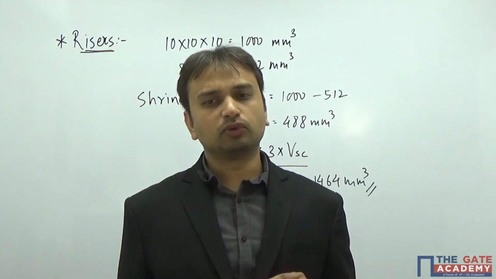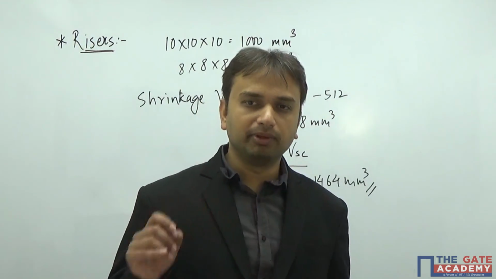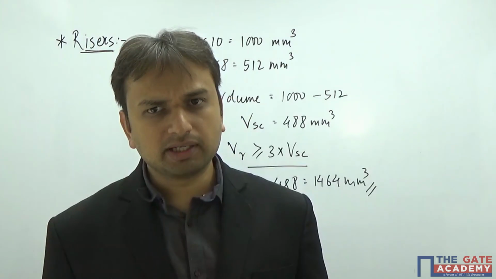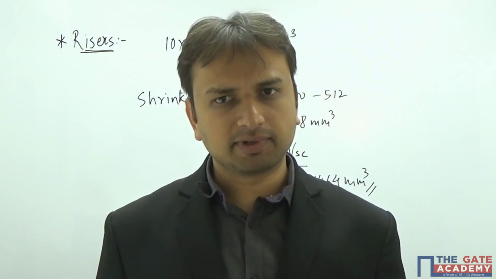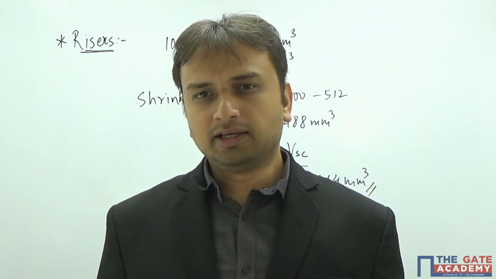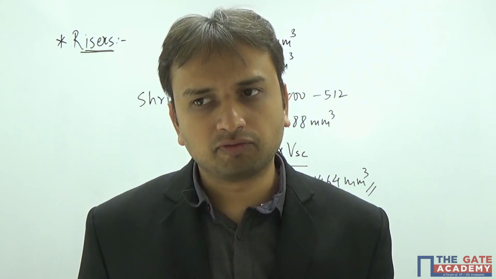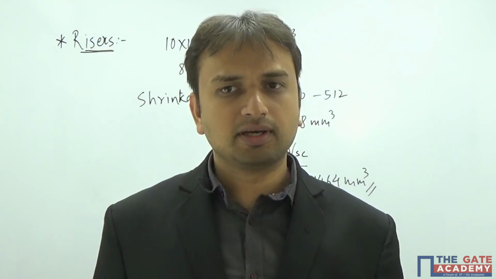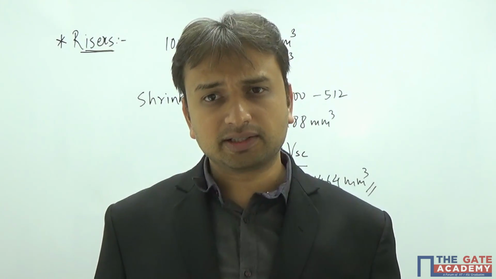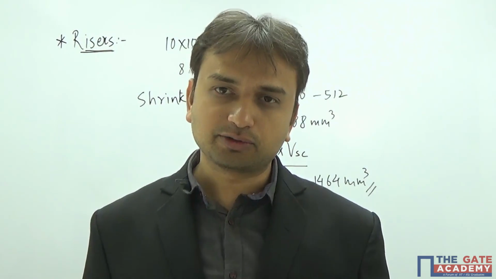Now, sir, you also told us that surface area has to be minimum in order to minimize the heat transfer, isn't it? Yes, of course it is. Now, how do we get to know which surface area is the least, so that we can reduce the heat transfer? That is again a good question, right?